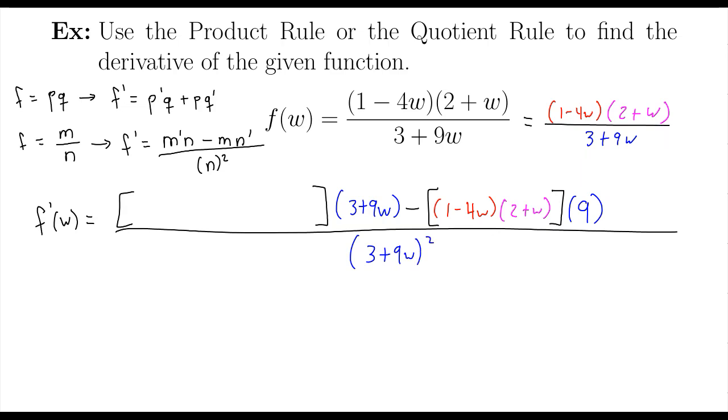Now let's use the product rule to figure out what goes in this blank. So the product rule: derivative of the first times the second.